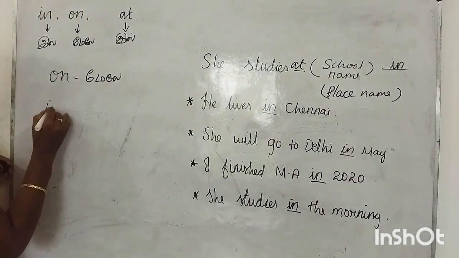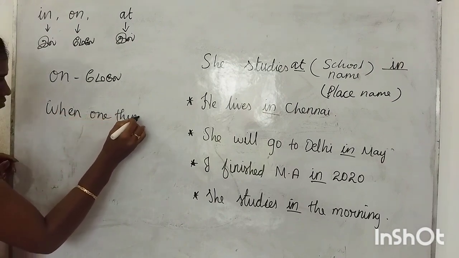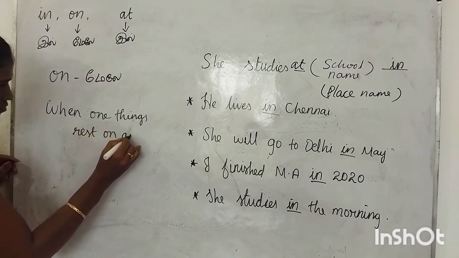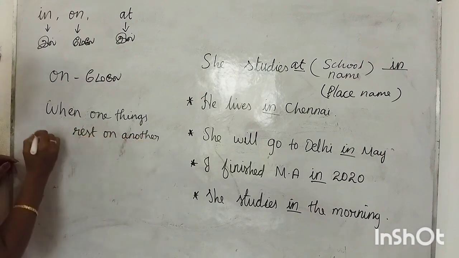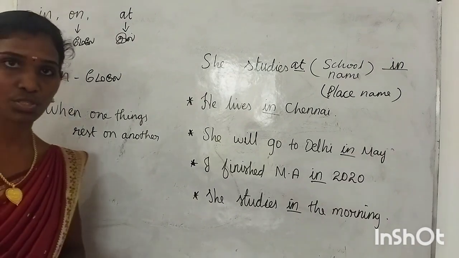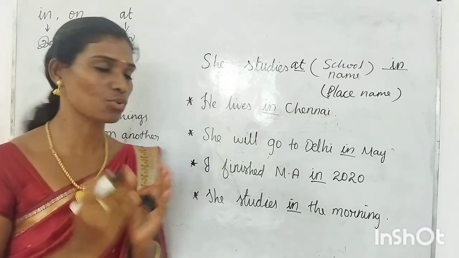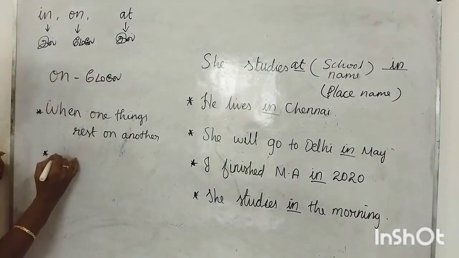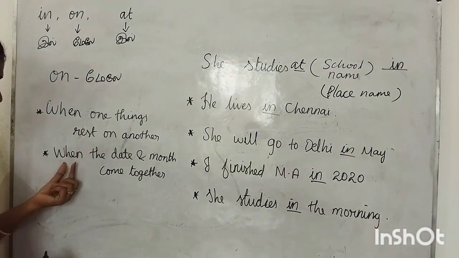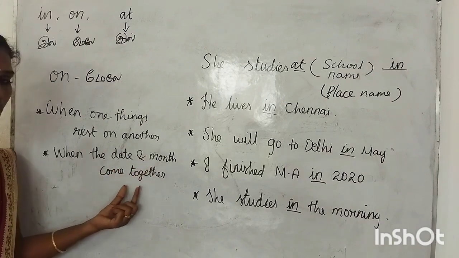When one thing rests on another. The second place where we use on is when the date and month come together.